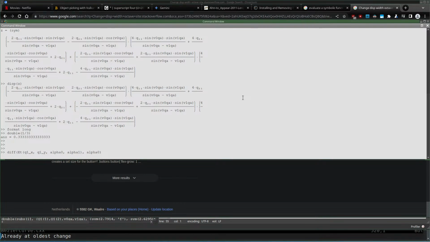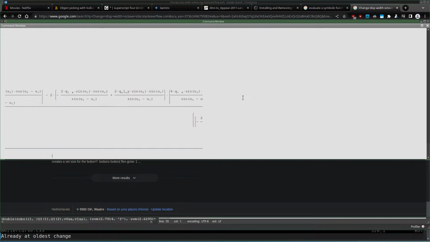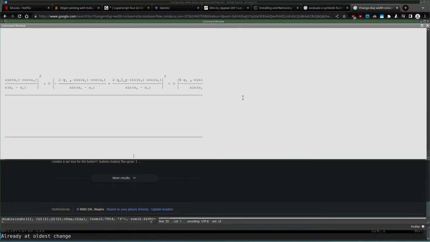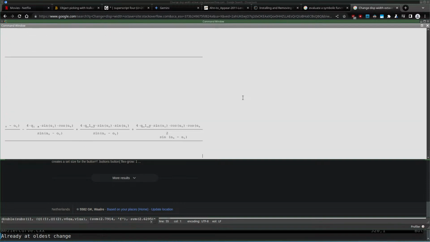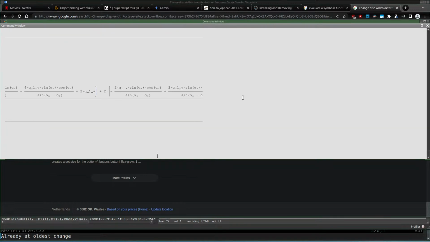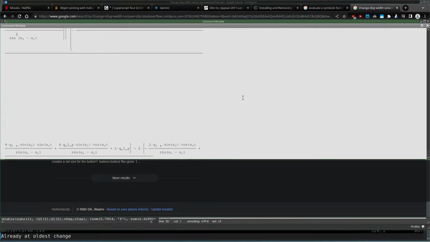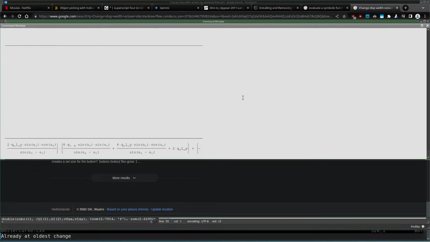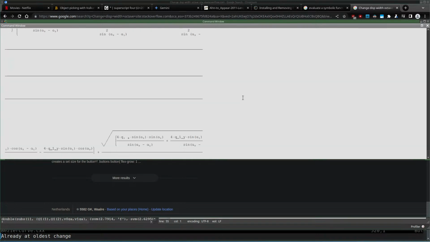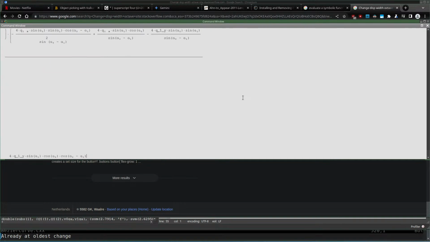If I assign it to something, then maybe it's faster. I want to try to print it again. Yeah, as I said, pretty useless.